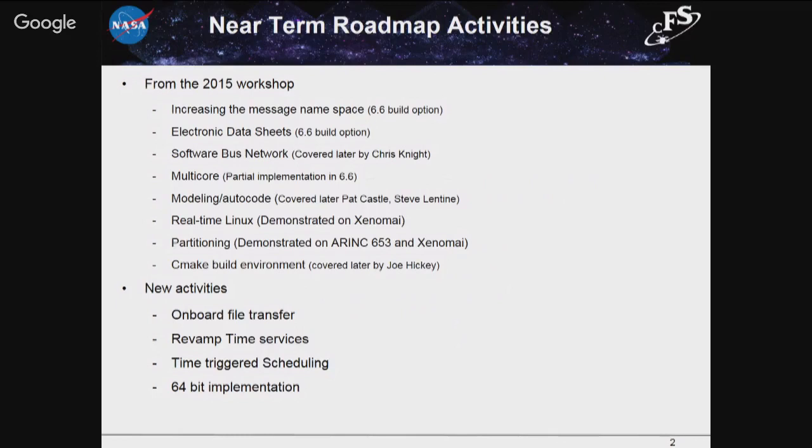Back in 2015, we talked about increasing the namespace, electronic data sheets, updating the software bus network, multi-core implementations, autocode, real-time Linux, partitioning, CMake. Then some new ones coming up are onboard file transfers, a revamp of the time services, time-triggered scheduling, and 64-bit implementations. I'll touch a little bit on those, just a chart each, because we're still trying to define what we want to do, except for this one. That one's pretty clear.